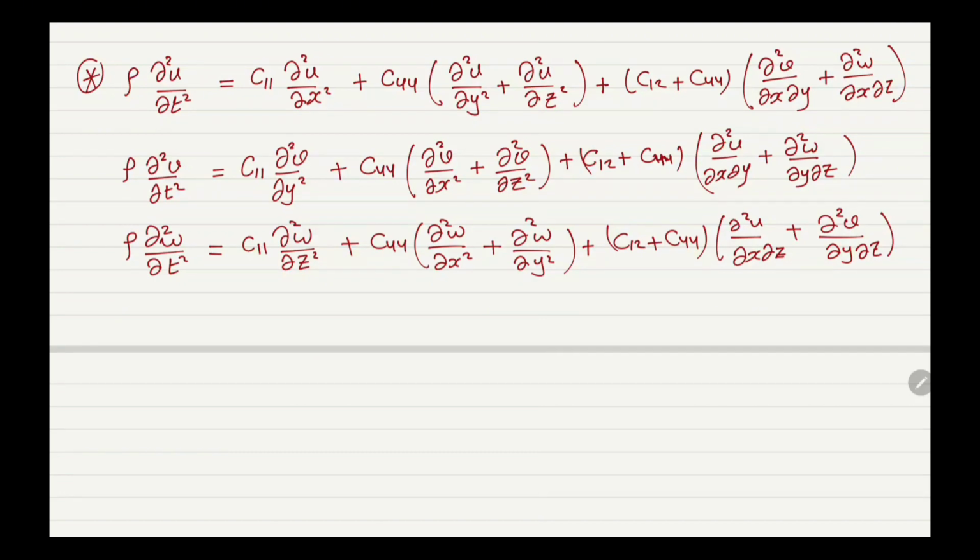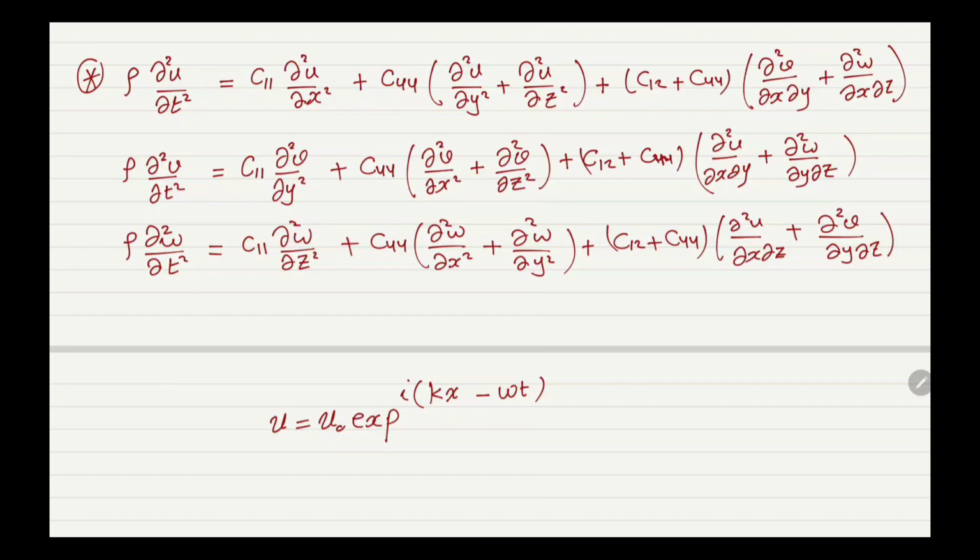The solution will be something like this: u equal to u naught exponential i (kx minus omega t). This is the time dependent solution, and this is the propagation along the x direction for the wave. Now this is the solution.